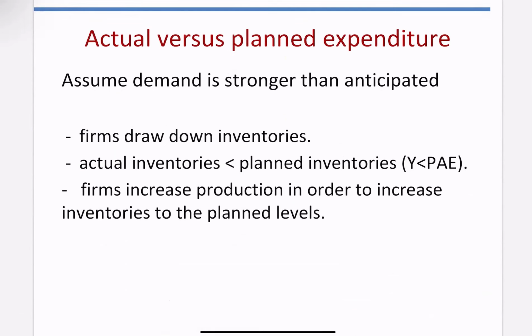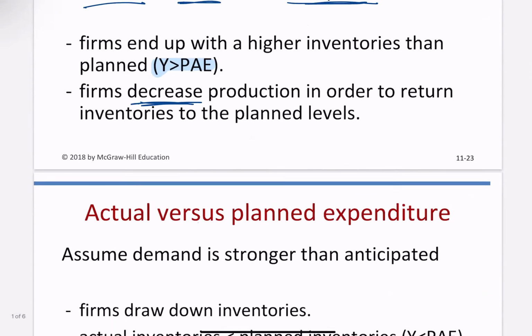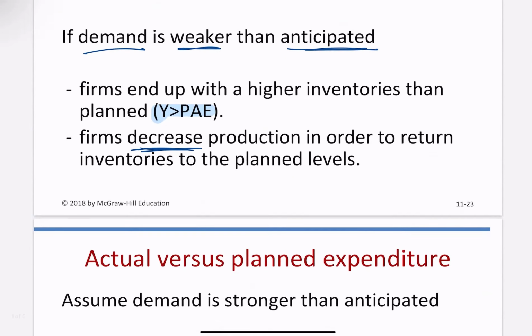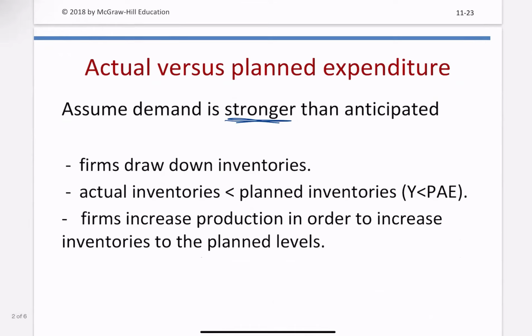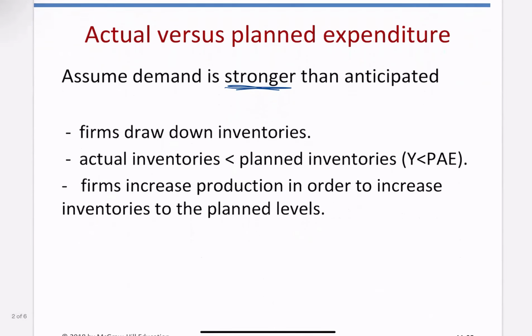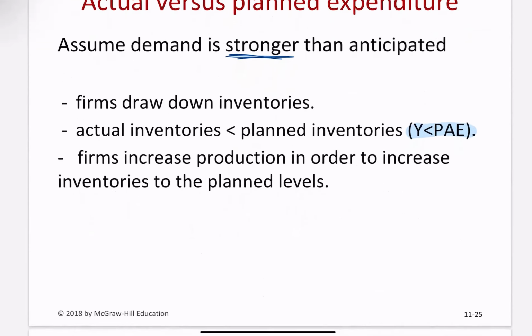Here's another, this is the opposite. Up here it said whenever demand was weaker. Now we're looking at when demand is stronger, whenever your demand is stronger than what you anticipated. And this obviously has the opposite effect. So your firms draw down their inventories. Here is that formula again that will come in handy later.